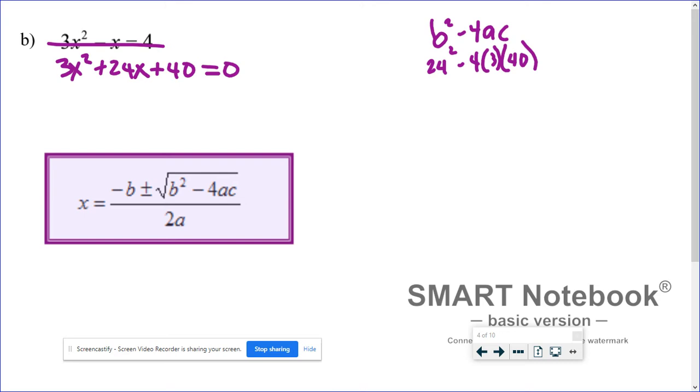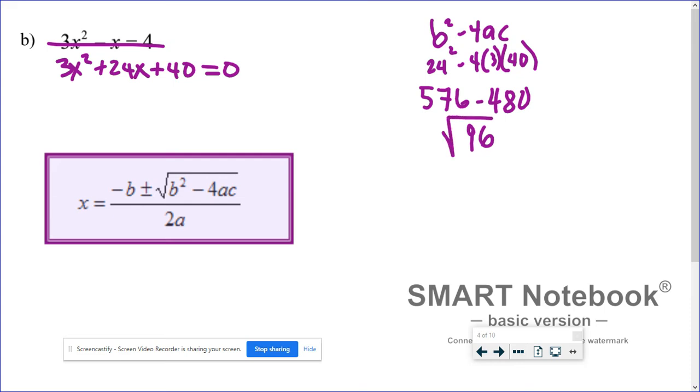You get 576. And then it's minus 4 times 3 times 40. So minus 480. So you end up with 96. Okay. So that's the number under the square root.